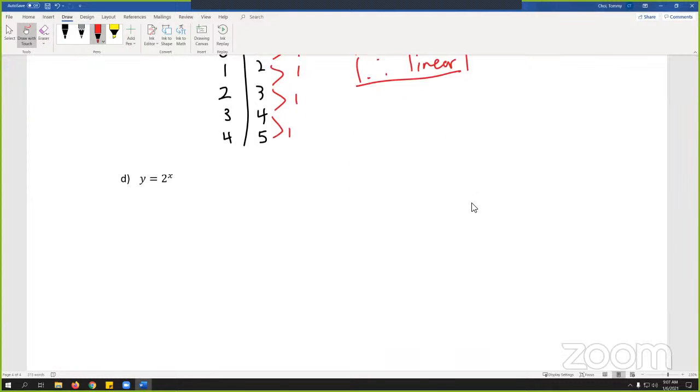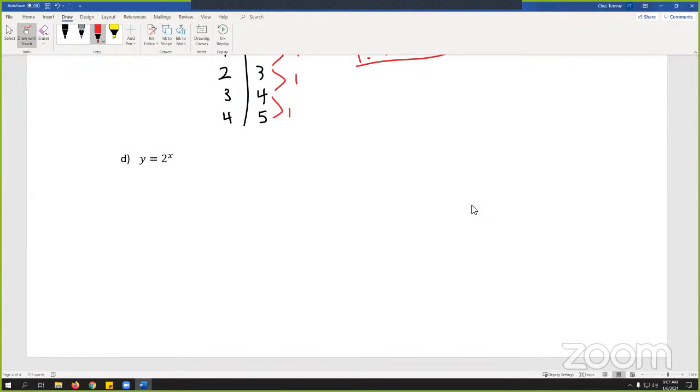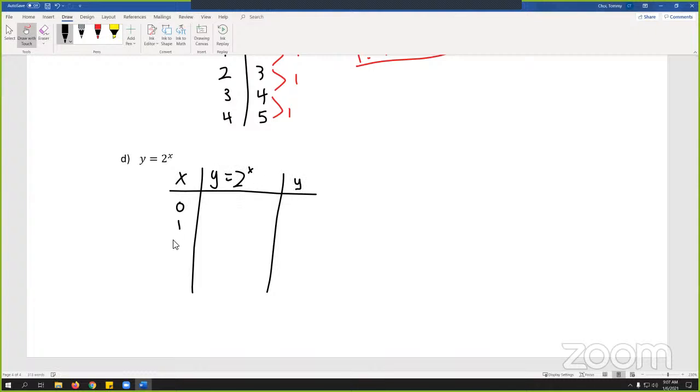And the last one we'll work in more detail because it is something you haven't seen before. So let's draw our triple table here just to make sure we're all on the right page for this one. So x is still going to be 0 to 4. That doesn't change. Our x is going to be something different. So it's now an exponent.